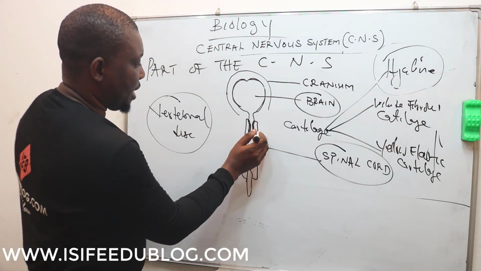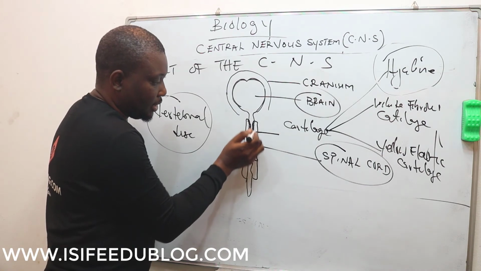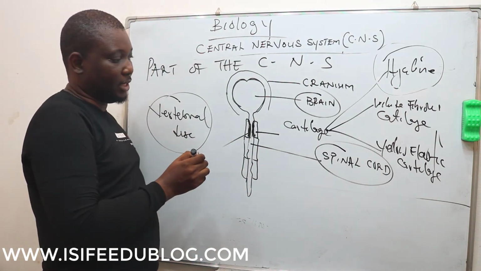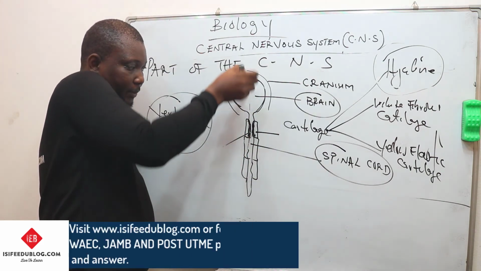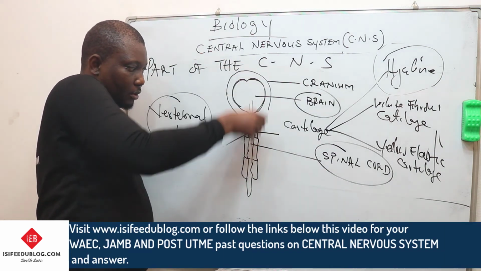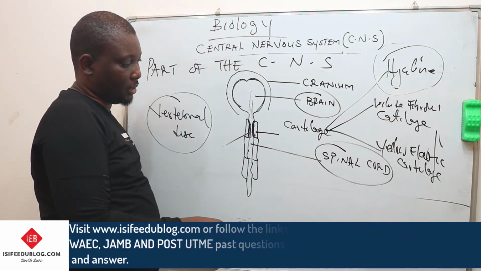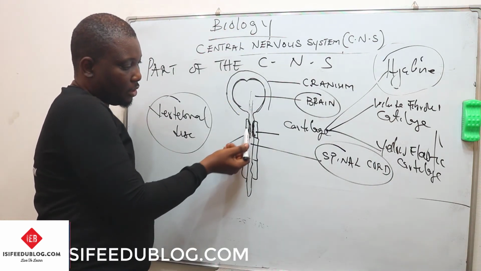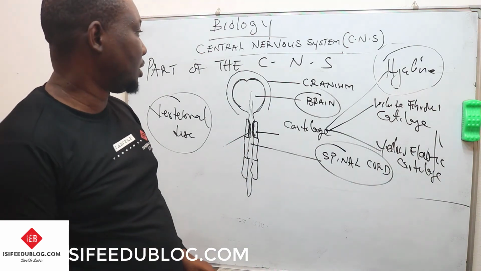I can call these shaded parts the vertebral disc. It has soft bone through which the spinal cord runs. It protects the spinal cord from any form of mechanical injury.